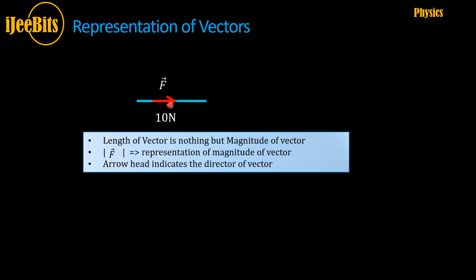Now it is towards the right. Any question? Very simple thing. This is the vector representation, this is the magnitude, this is the direction, and when you want to represent the magnitude of a given vector, the modulus of F is what we show. The direction is always the arrowhead.